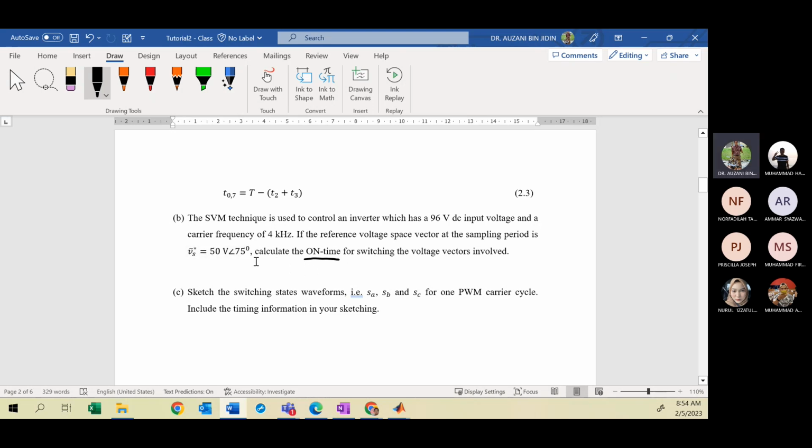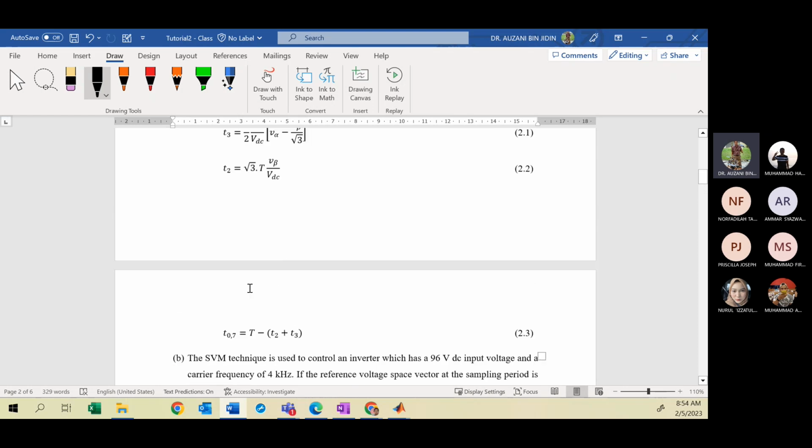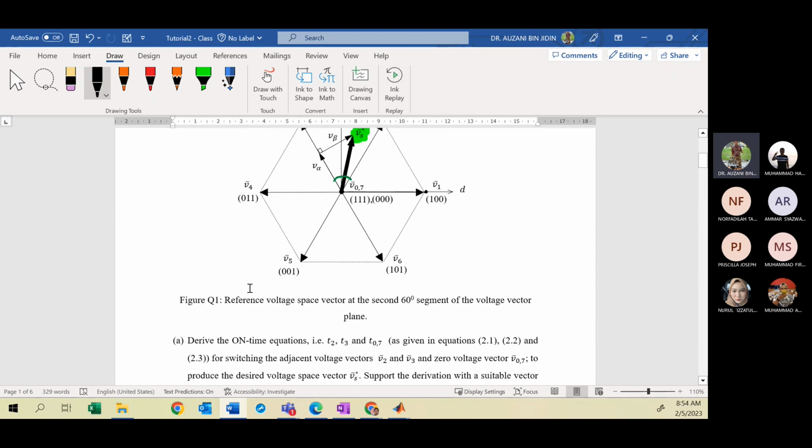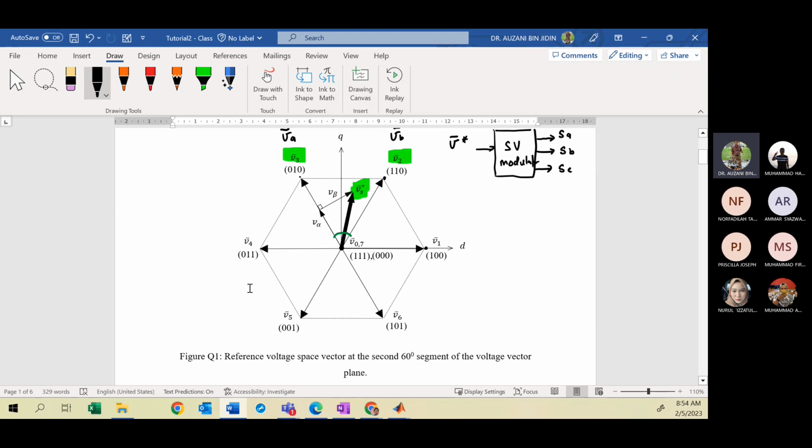Based on the information given here, firstly you need to calculate the alpha, the angle difference between the space vector and the first adjacent vector to be selected. So you have to calculate the different angle between the reference and VA.